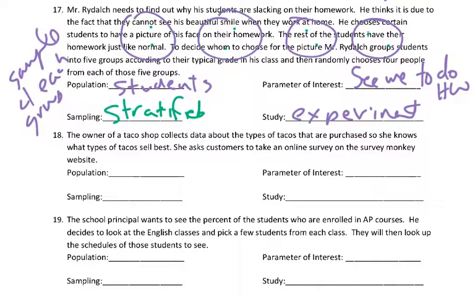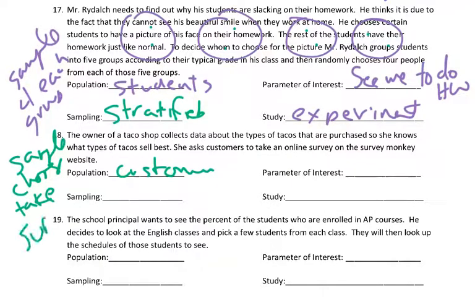All right, number 18. The owner of a taco shop collects data about the types of tacos that are purchased so she knows what types of tacos sell best. She asks customers to take an online survey on the SurveyMonkey website. Okay, so her population is her customers. The sample would be those that choose to take the survey.